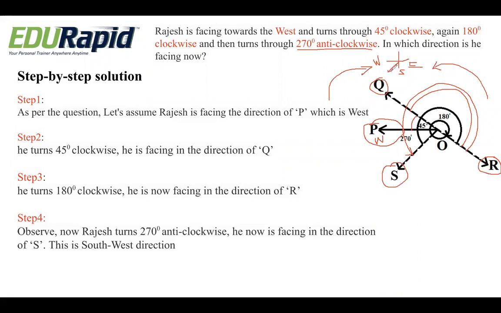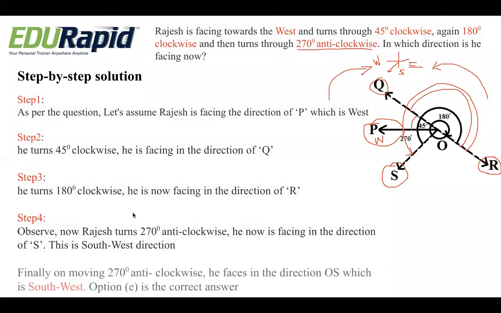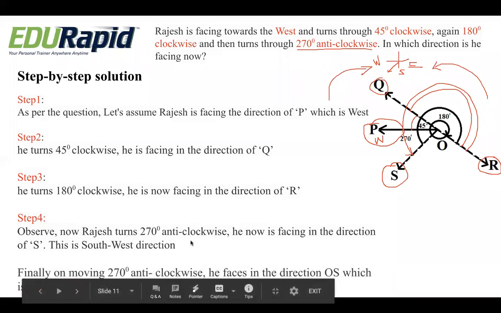So this is the cardinal direction, and it will be southwest. It is towards west, but it is going towards the south direction. It is called southwest direction. So the correct answer is southwest. Option E, southwest.